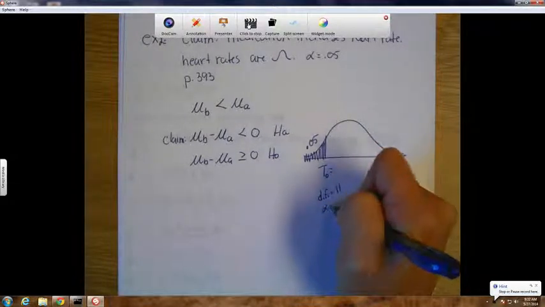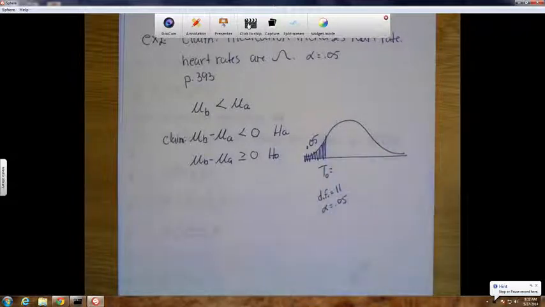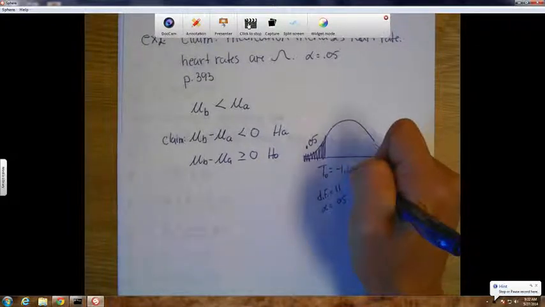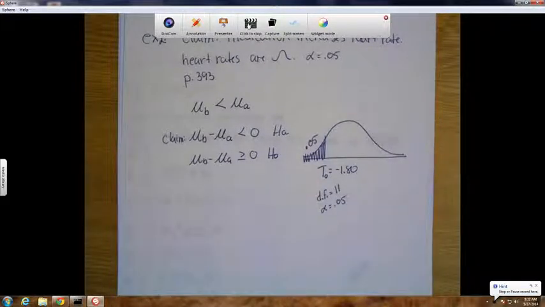Our alpha is 0.05, and I'm in the left tail. You can use the table, or you can use your calculator if you have it. Negative what? You were wrong on your homework. Are you right here? Anybody agree with that? Okay, concur.